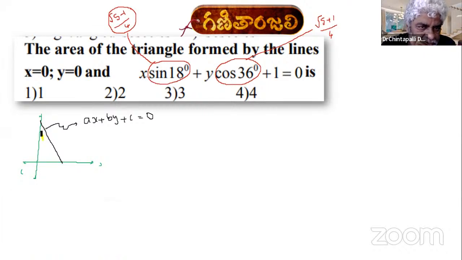There is a formula to find this area. Area covered by ax plus by plus c with the coordinate axis is... Do you remember that formula?